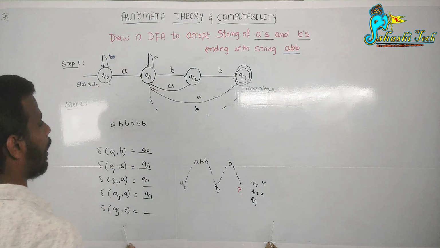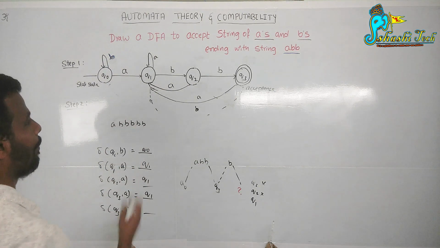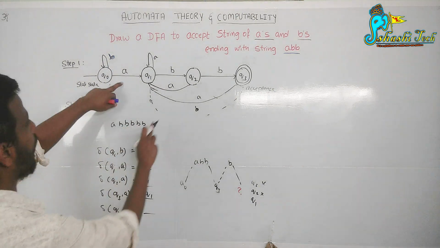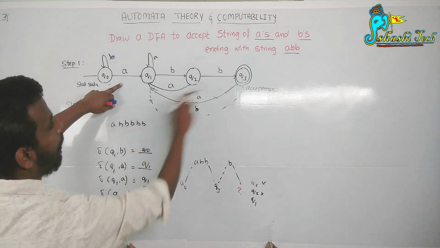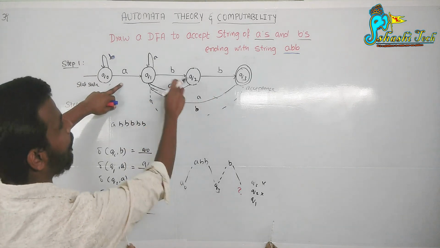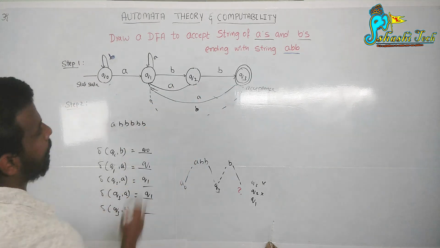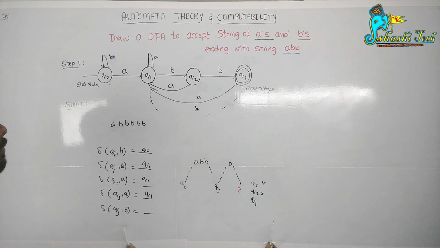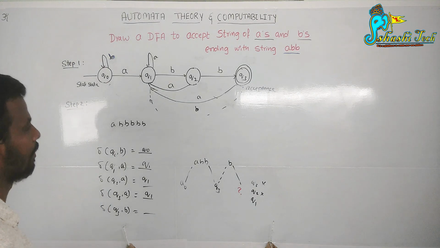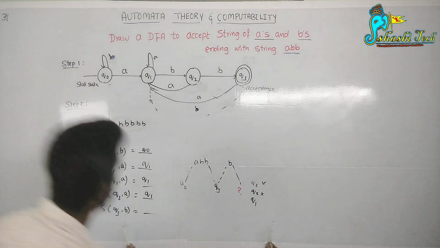It must not be accepted. But the DFA is accepting. A, B, again B, again B. It is accepting. Hence, this also fails.